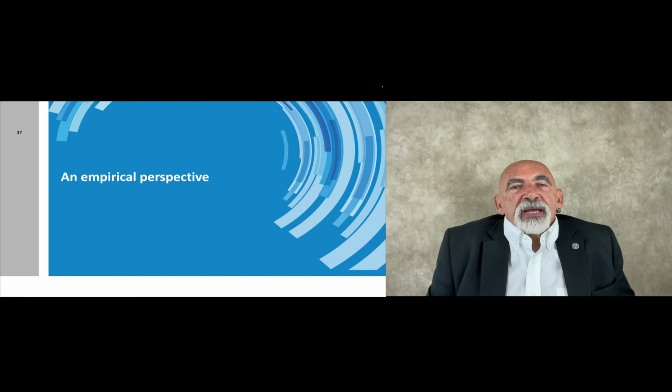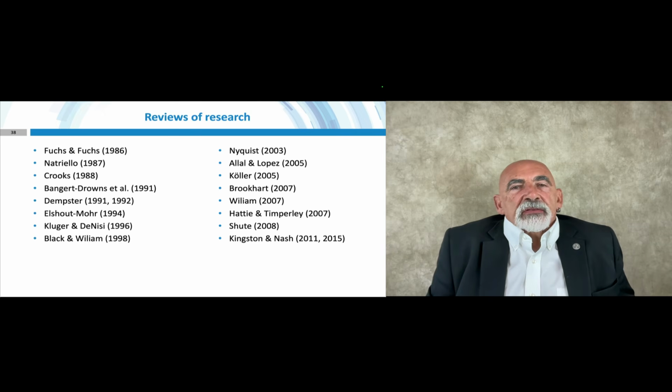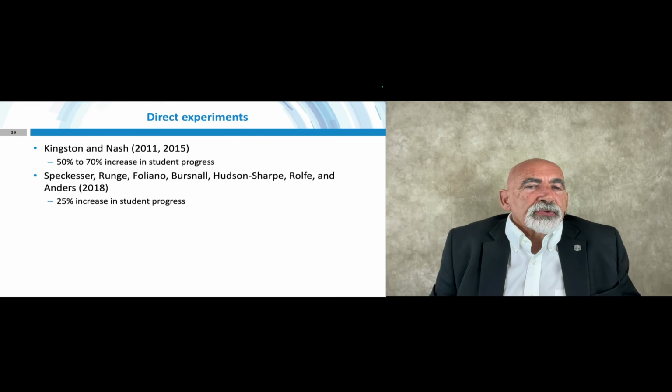And the empirical perspective, the research evidence, well, you can look at the reviews of research on feedback and other aspects of formative assessment. There's a lot of evidence there. More importantly, there are direct experiments that show quite big impacts. So Neil Kingston and Brooke Nash reviewed a number of classroom experiments, mostly in secondary schools, finding a 50 to 70% increase in student progress.